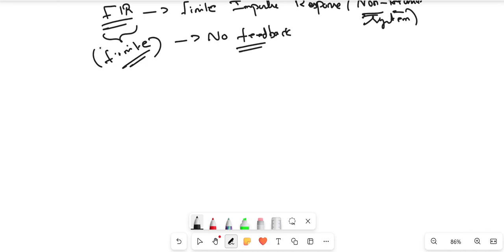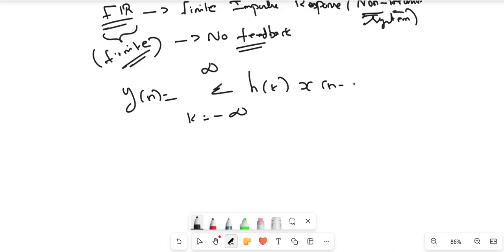As I said, for h of z, normally what is the convolution formula? The convolution formula: y of n is equal to the summation of k equal to minus infinity to plus infinity, h of k into x of n minus k.